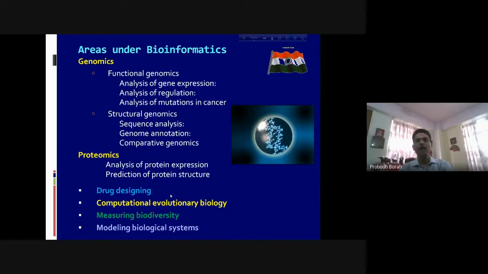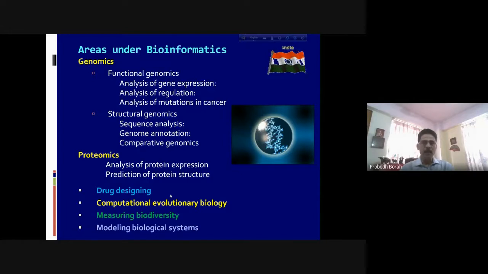But after the advent of bioinformatics, many steps in the drug designing and drug discovery process can be achieved quickly, rapidly by use of computational methods. Many computational methods have emerged which may replace some of the preliminary aspects of the conventional drug designing process.